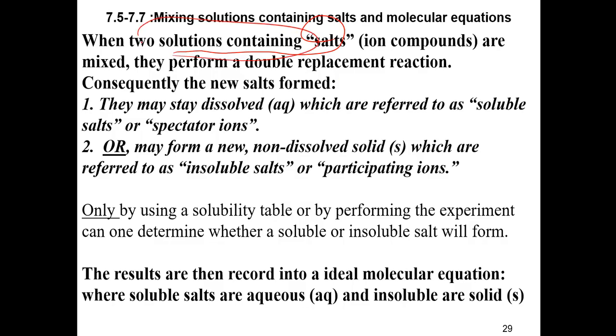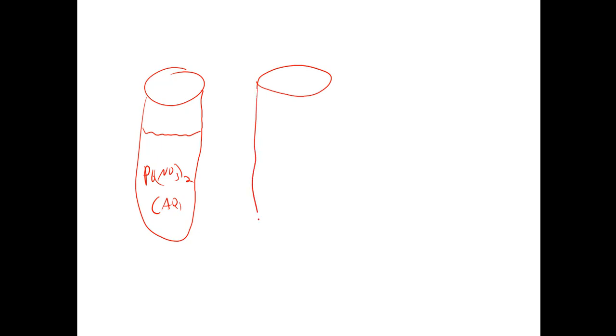So let's go through this terminology right here. Here I have one test tube, and the test tube, for example, might contain something like lead nitrate. Now this is dissolved in water, so we say that it's aqueous. And then we may have another dissolved solution of potassium iodide.